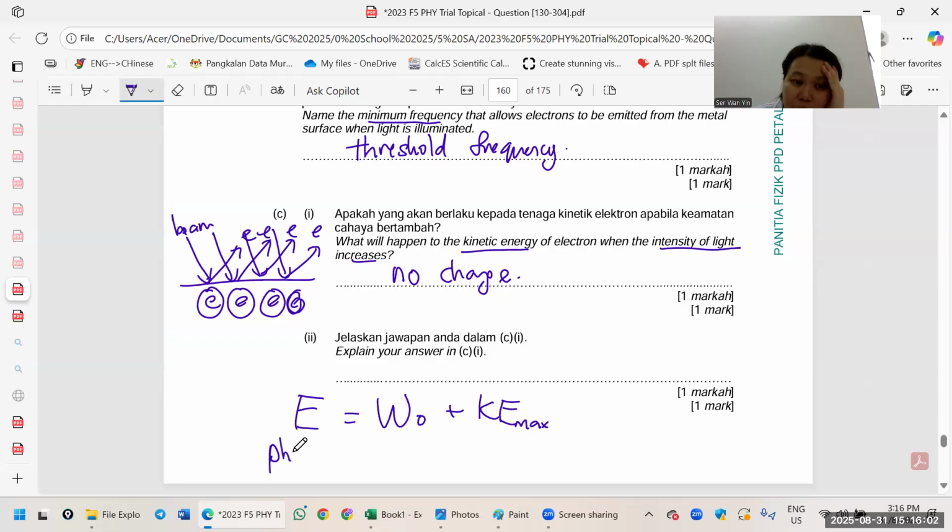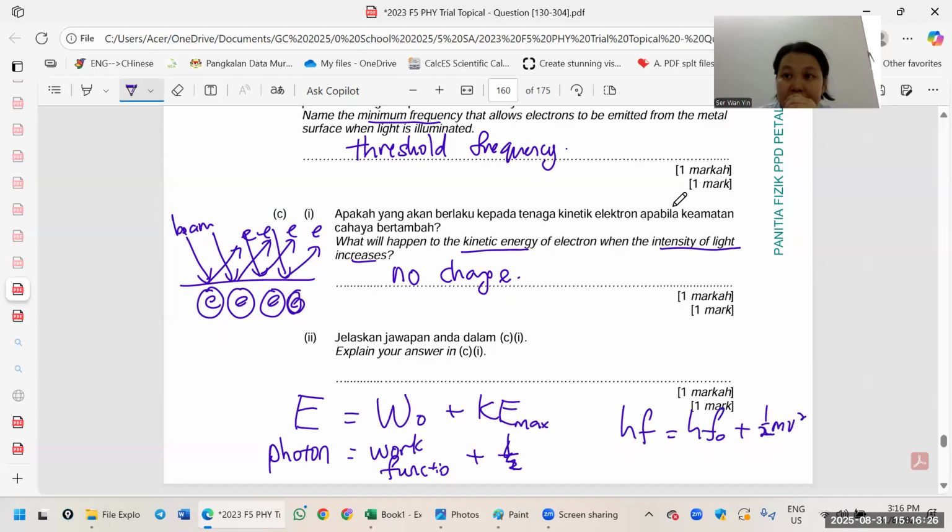Photon energy equals work function plus half mv squared, KE max. So photon is hf equals hf naught plus half mv squared.